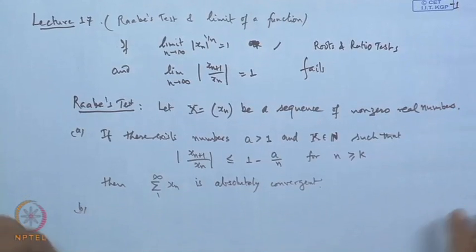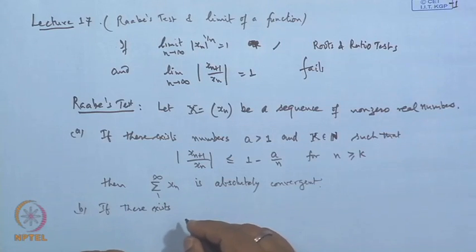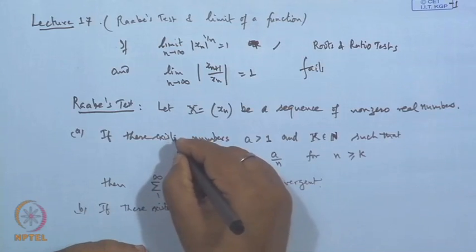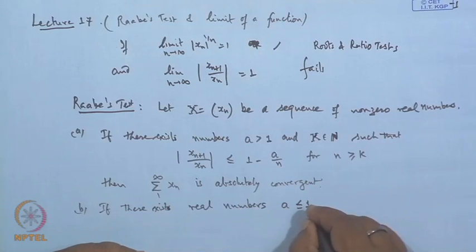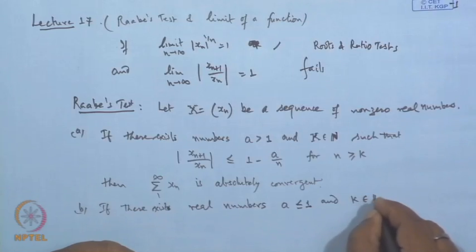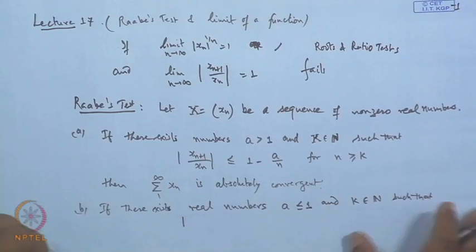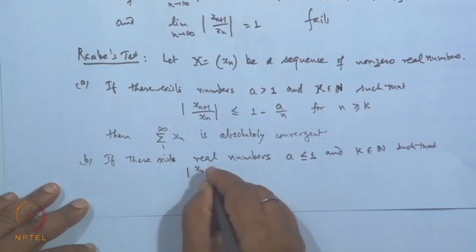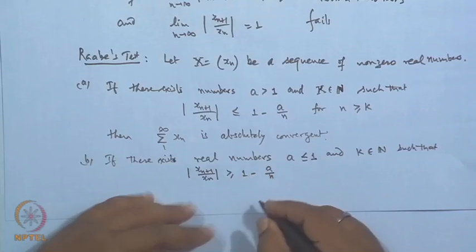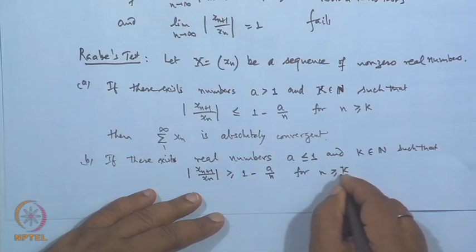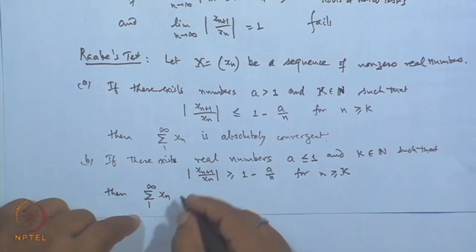Now, on the other hand, if there exist real numbers a less than or equal to 1 and k a positive integer such that |x_(n+1)/x_n| is greater than or equal to 1 minus a/n for all n greater than or equal to k, then the series sigma x_n, n from 1 to infinity, is not absolutely convergent.